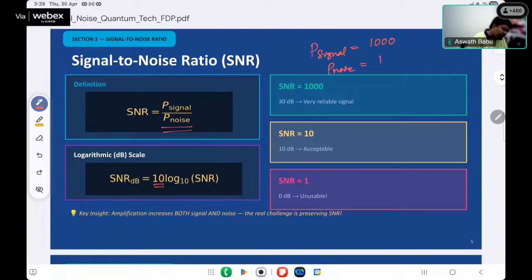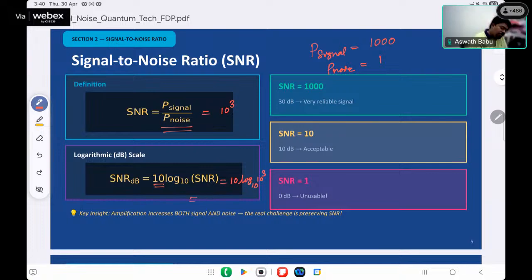In this case, SNR would be 10 to the power of 3. Now, in terms of decibels, what I'll have is 10 log base 10 of 1000 by 1, which is just 1000. 1000 I can represent as 10 to the power of 3. So what is log of 10 cubed equivalent to?